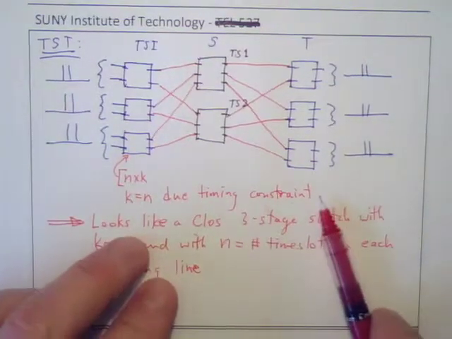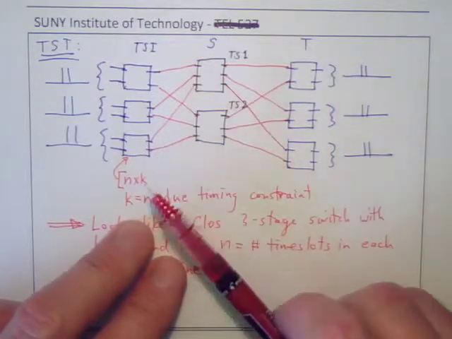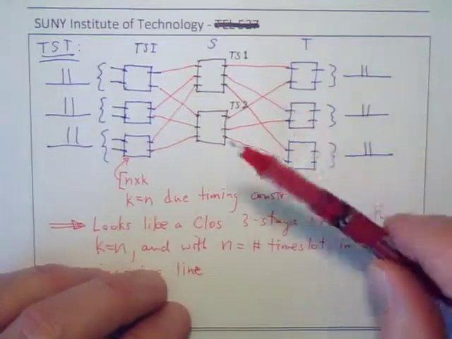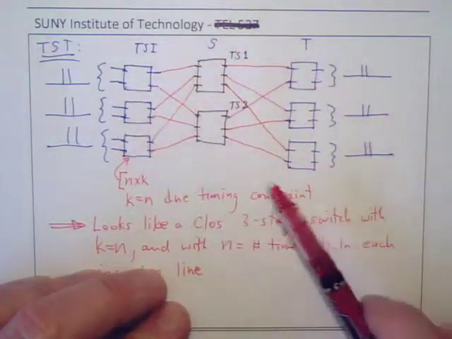Due to the timing constraint, we're going to keep K equal to N. First of all, notice that this now reproduces the Clos network configuration.